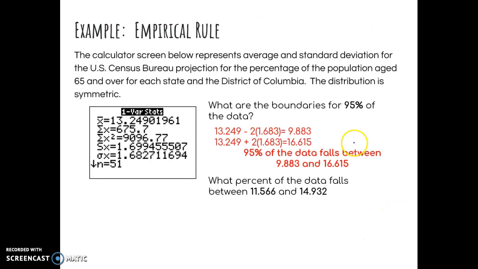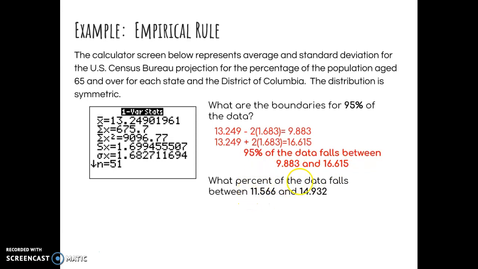This just shows you how to do it by hand instead of drawing out the whole thing. If I subtract 2 times the standard deviation from 13.249 and add 2 times the standard deviation, I get 9.883 and 16.615, just like we got there.